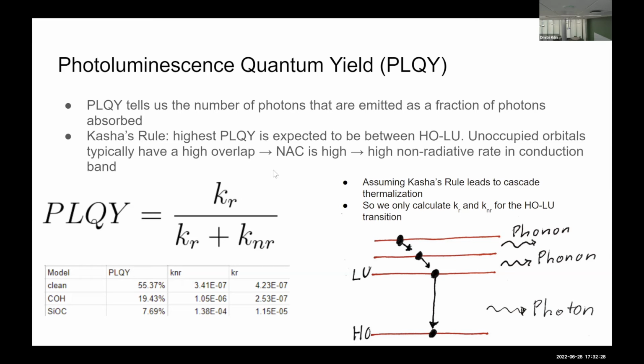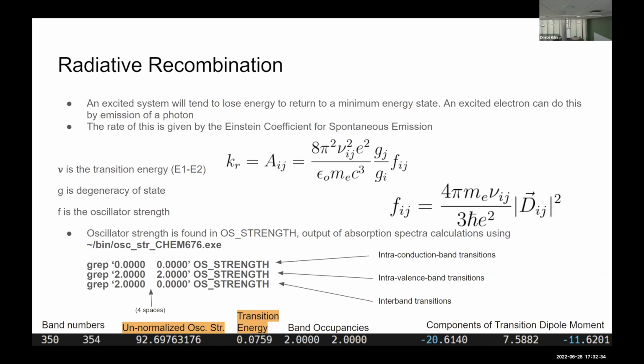How do you calculate the KR? The KR will be calculated through the Einstein coefficient that we were just talking about with Will before, which will involve the transition energy between these two states and the degeneracy, as well as the oscillator strength.